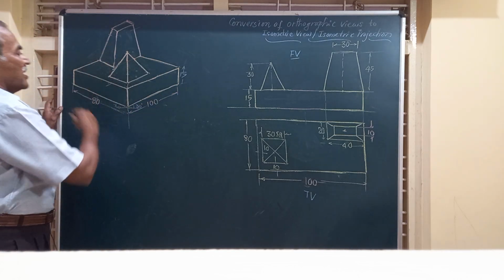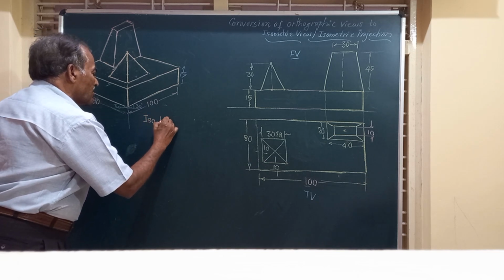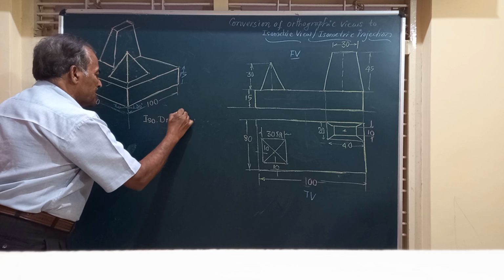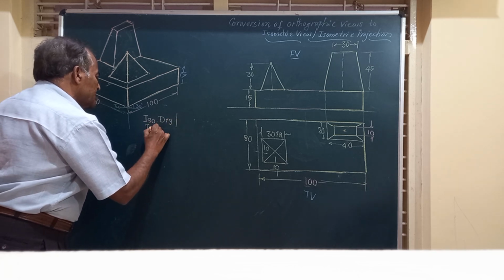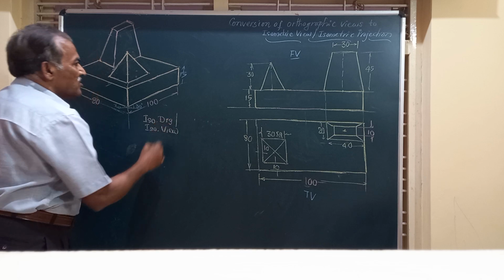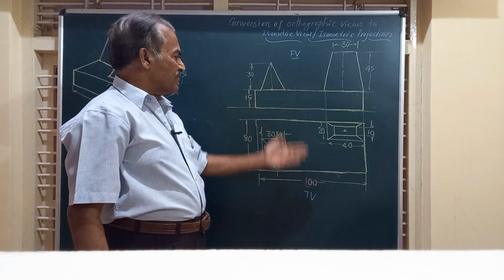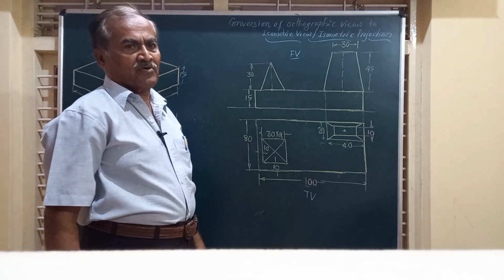Friends, this drawing will give you the isometric drawing, also called the isometric view, of the block whose orthographic projections, namely the front view and top view, are given.